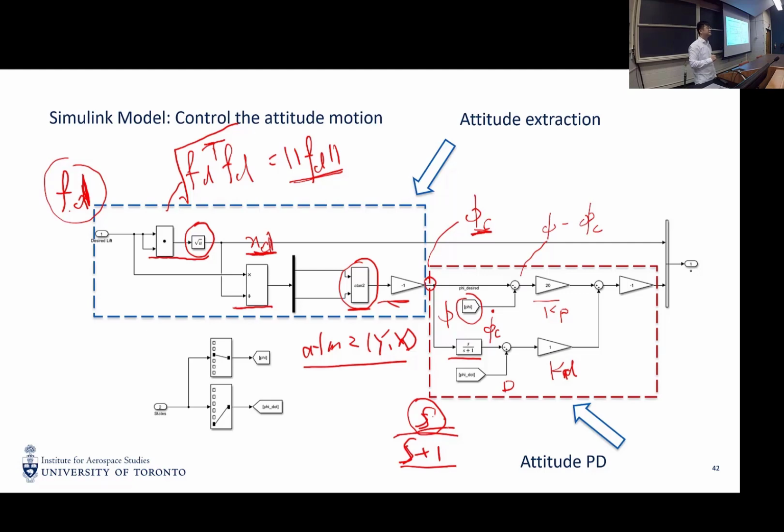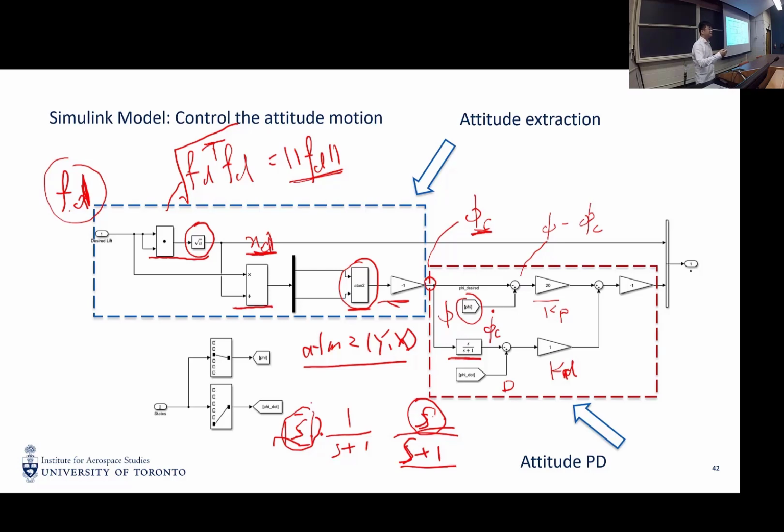Yes. So this high-pass filter can be viewed as a derivative block, and then after the derivative block, we have a low-pass filter. The derivative block is used to obtain the rate of change of your phi c. That's the function of s.